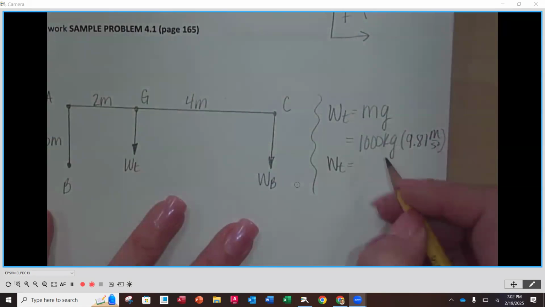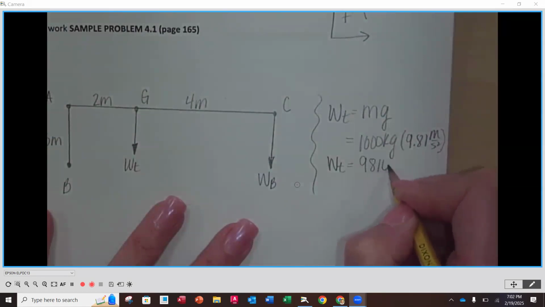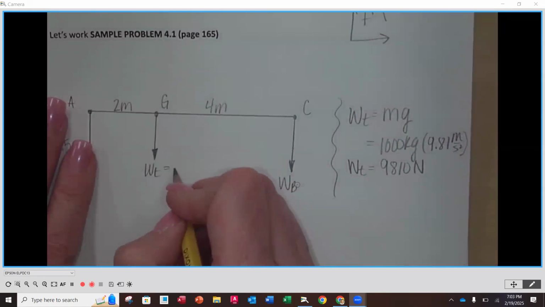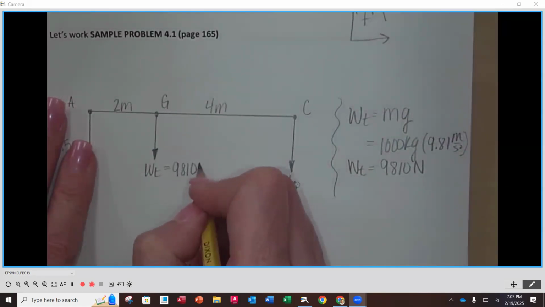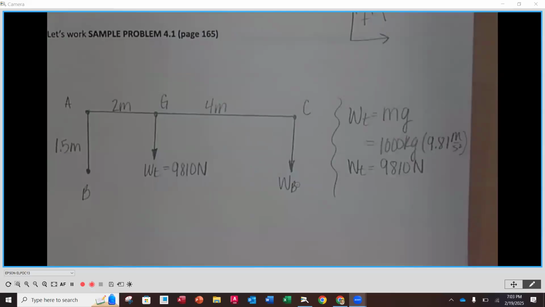So the weight should come out to be 9,810 newtons. Is that right? Okay, so this is equal to 9,810 newtons. They convert to kilonewtons, but we're fine. I'm going to do it in newtons.